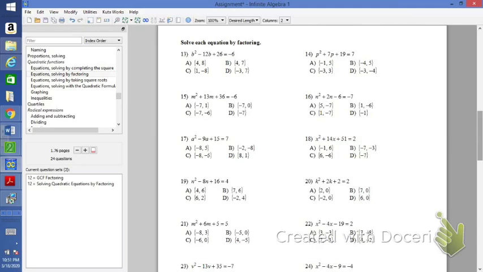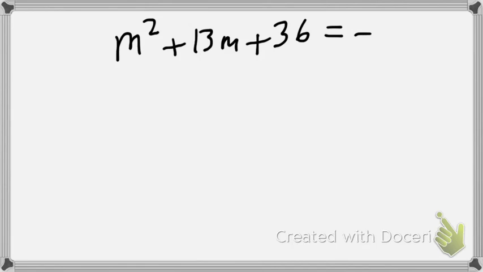Last one. m squared plus 13m plus 36 equals -6. Alright, get everything on one side.